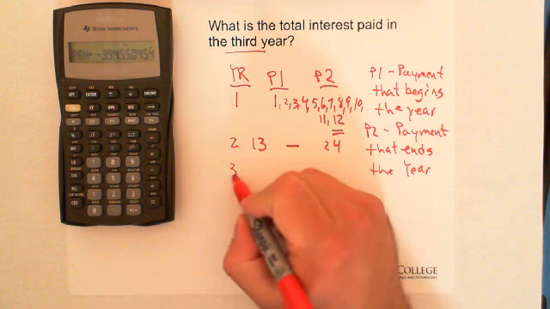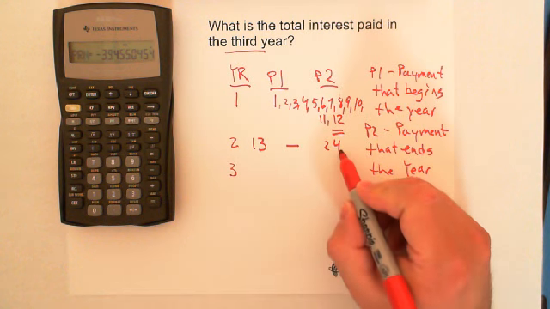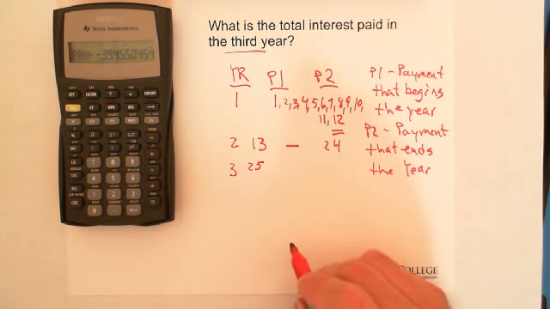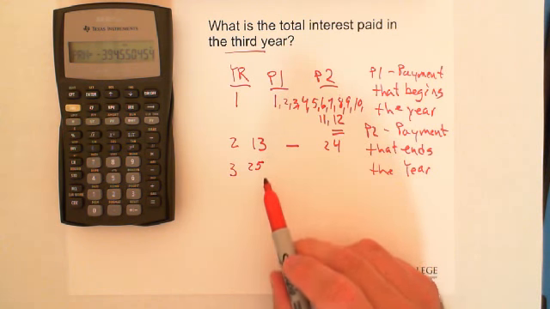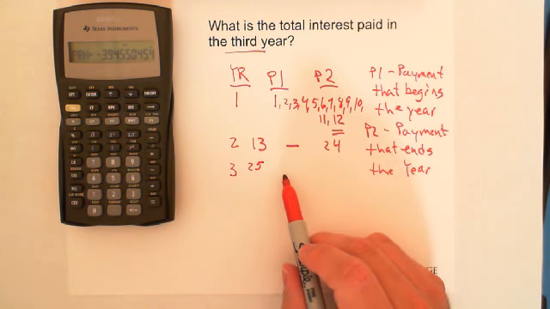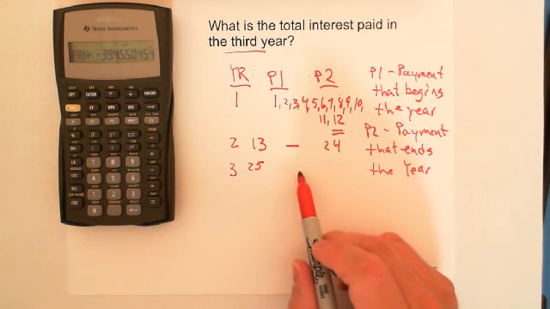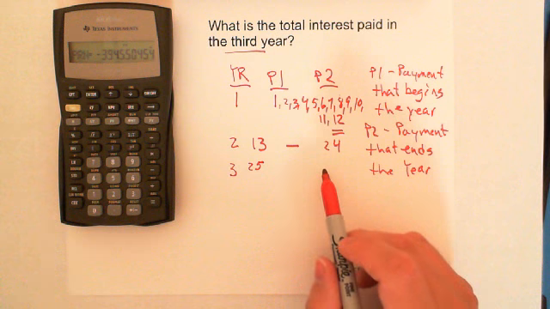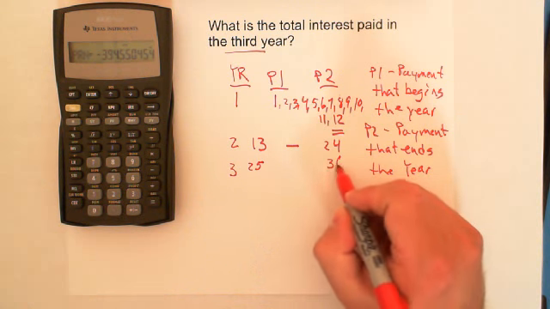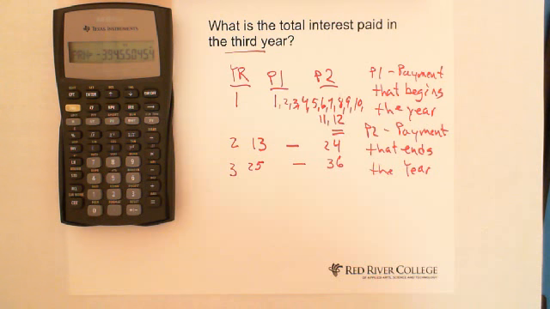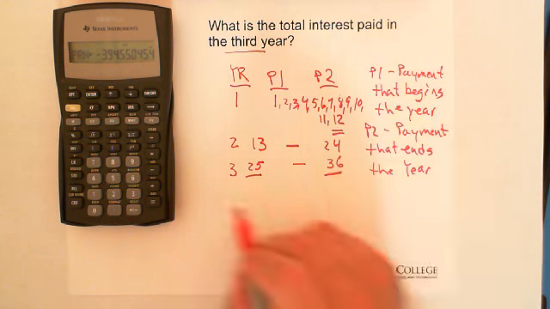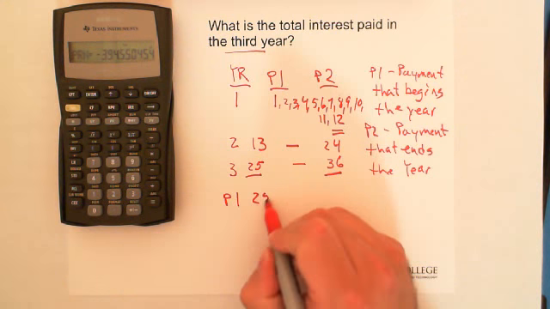And then the third year, since 24 ended year 2, 25 would begin the third year, and then we'd make payments 25 through 35, and finally payment 36. So in our question, P1 is going to be 25 and P2 is going to be 36.